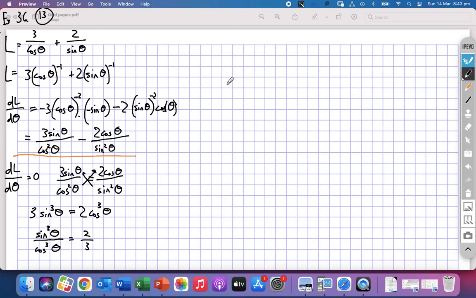So we can just say, let's go up here. You should be going down the page. We can say tan cubed theta equals 2/3. Let's cube root both sides.